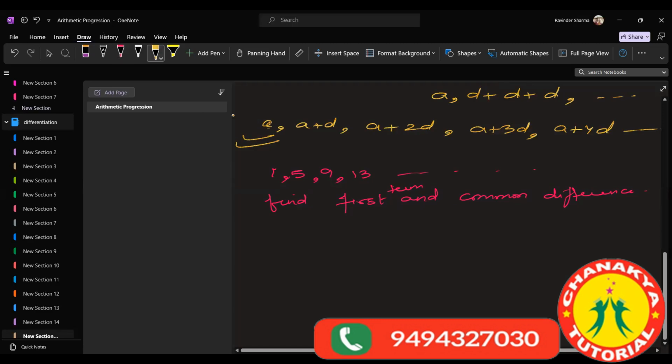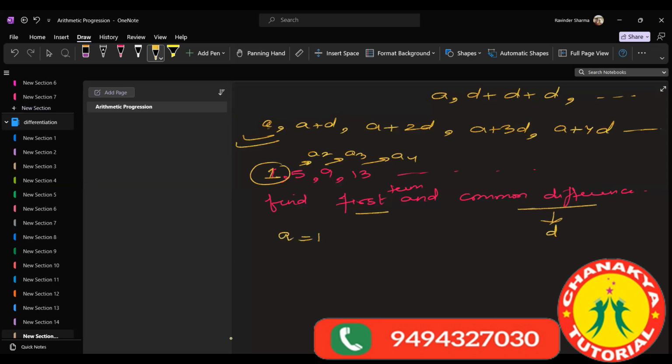Ma'am, the first term is 1 and the common difference is 4. Yes. See, beta, your first term is 1. This is your second term, this is your third term, and this is your fourth term. You will always represent your first term by A. So the first term is 1, and the common difference is represented by the small letter D. So D will be a2 minus a1, meaning second term minus first term. So 5 minus 1 is 4.